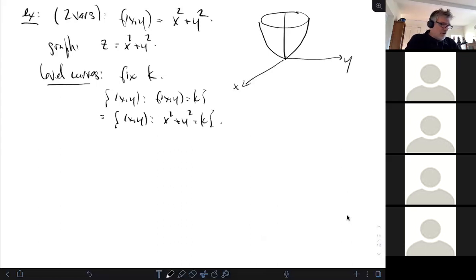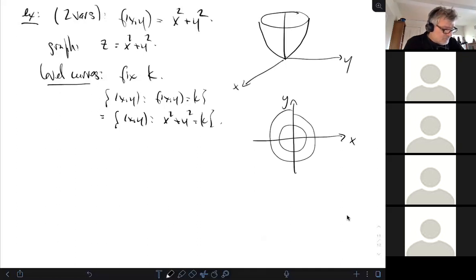These are the shadows of the horizontal slices of our surface. If you look at this from the top, as you can see, you're going to get concentric circles, right? So that's what it looks like. These are the curves where the function is constant.